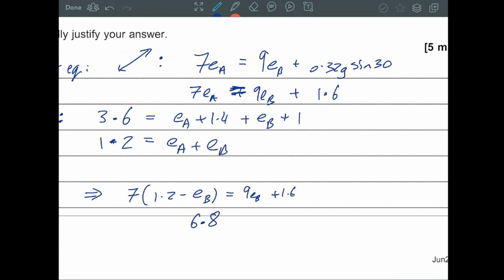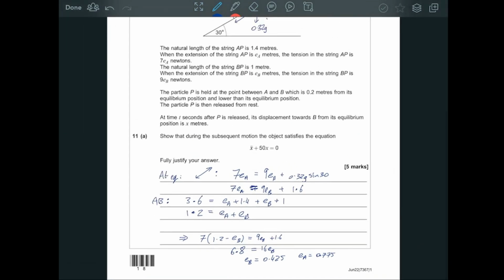So 6.8 equals, move the 7EB over, 16EB. So EB is 0.425 and EA is 1.2 minus that, 0.775. Okay, so I found my equilibrium position.